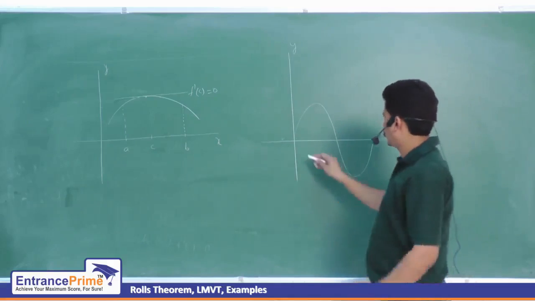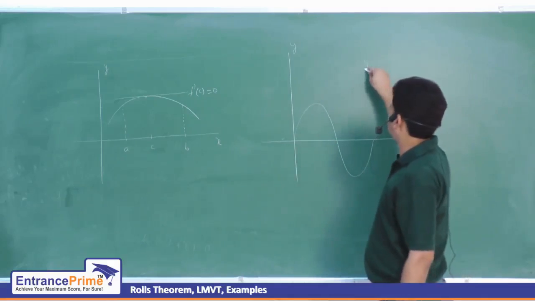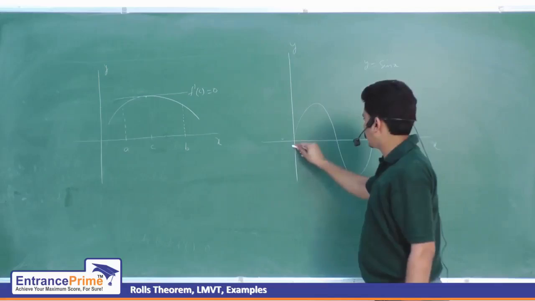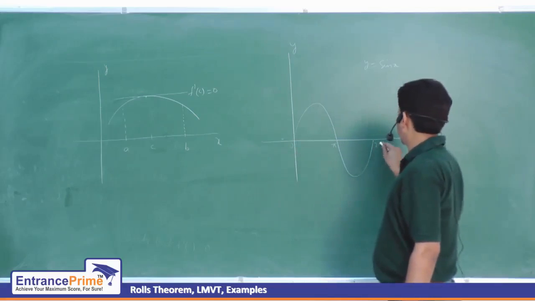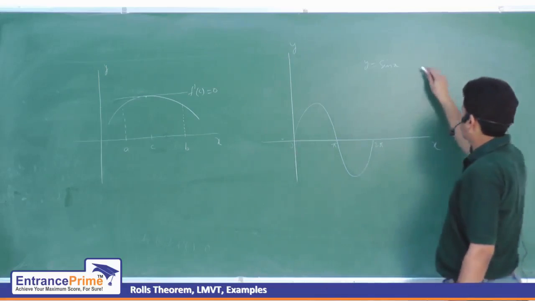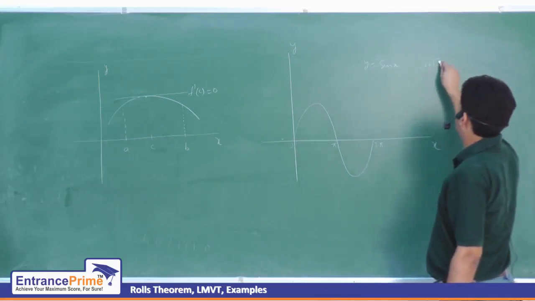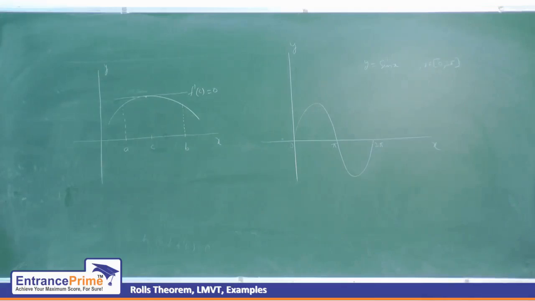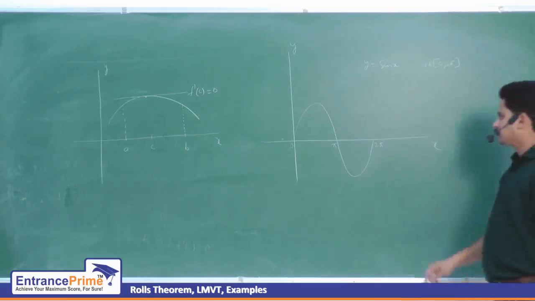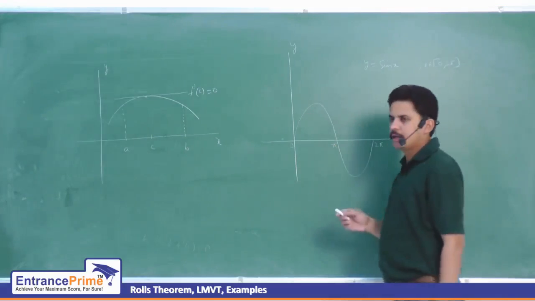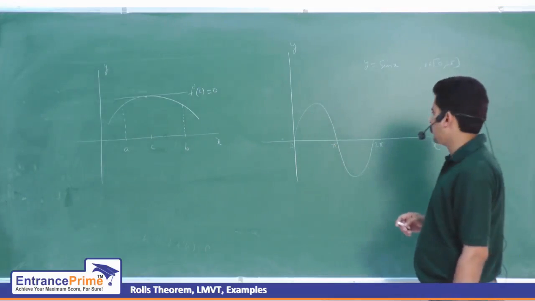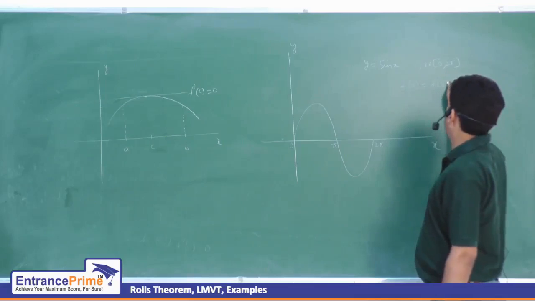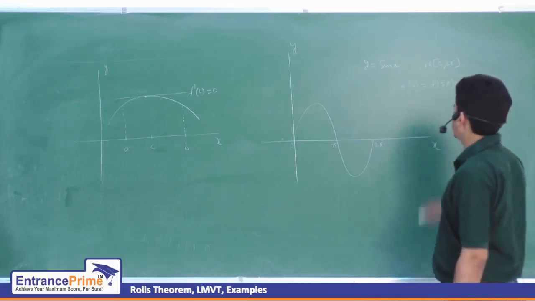Now suppose we consider the case of sin x. Let's say this point is 0, this is pi, this is 2 pi. And let's say we consider the interval 0 to 2 pi. Then in this particular case, we know that sin x is continuous and differentiable everywhere, and also f(0) and f(2 pi) are the same, which are equal to 0.